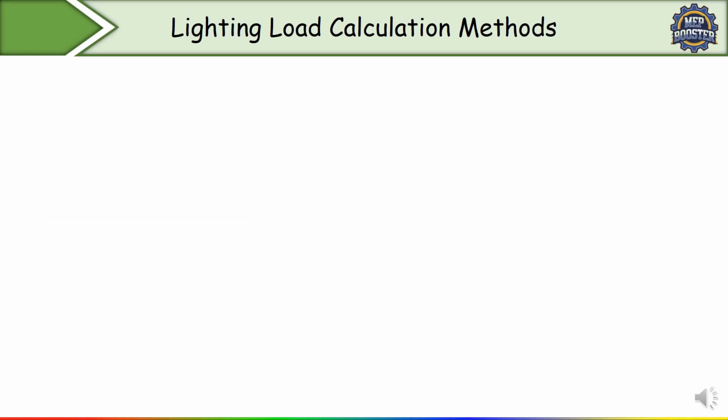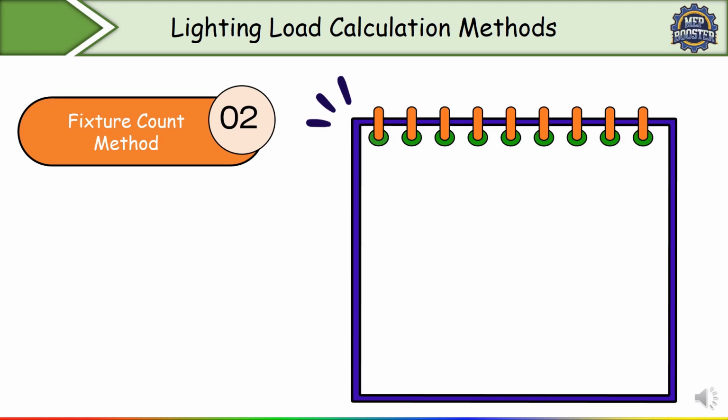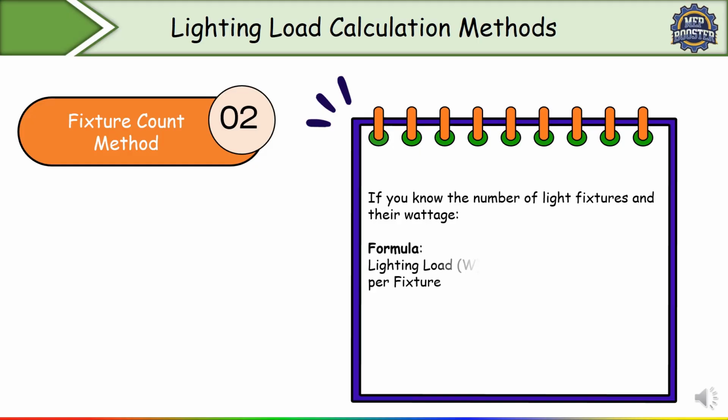Now the second method is the fixture count method. Suppose you know the number of lighting fixtures and their wattage, so you can use the fixture count method. The formula to calculate the lighting load in watt is the number of fixtures into wattage per fixture.